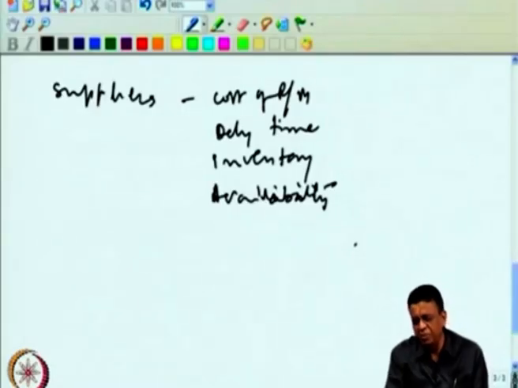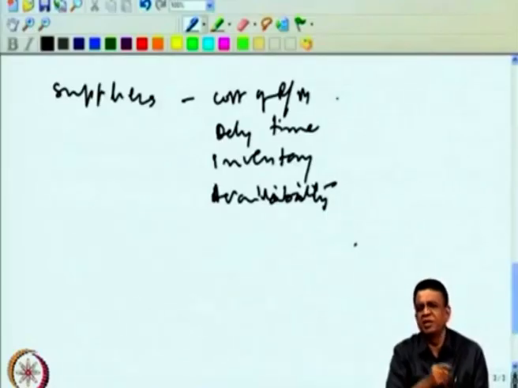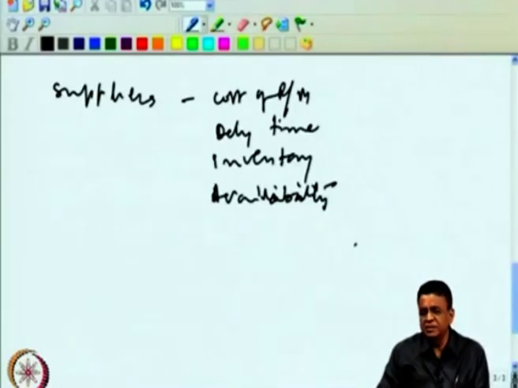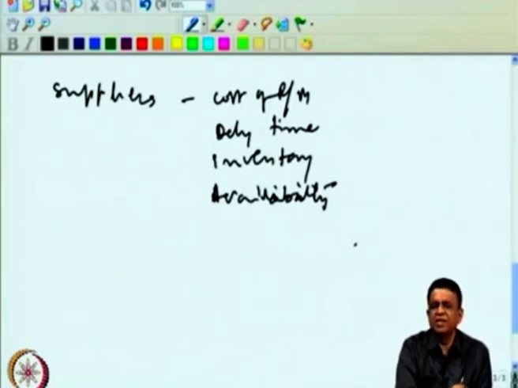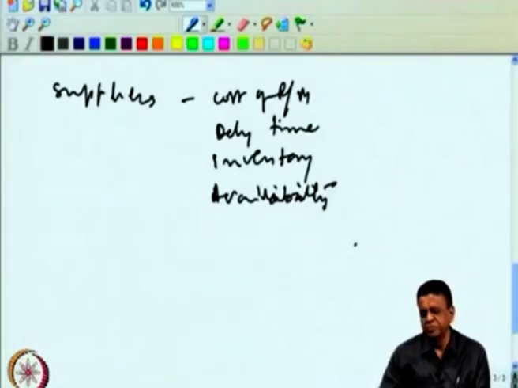You should be able to get this raw material immediately from him. In other words, the supplier's confidence, that is the confidence of the company in the suppliers, should be very high.